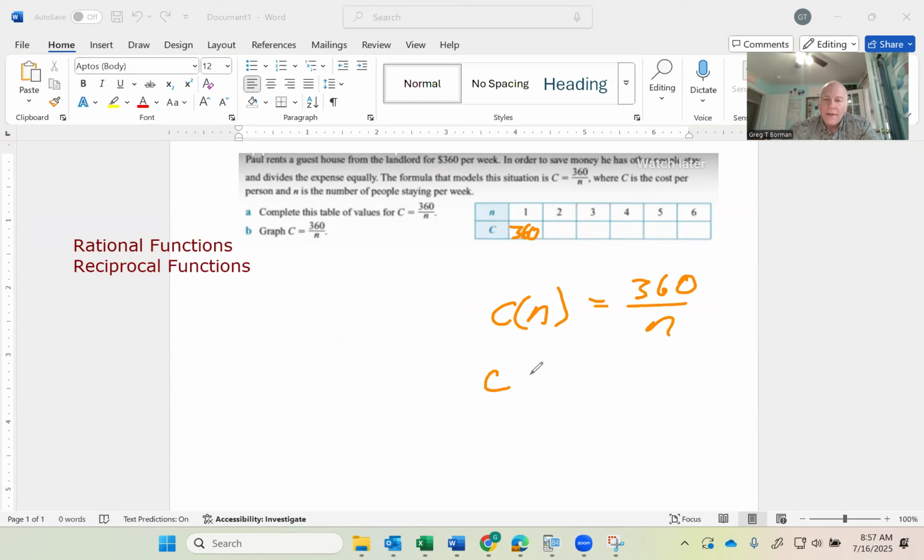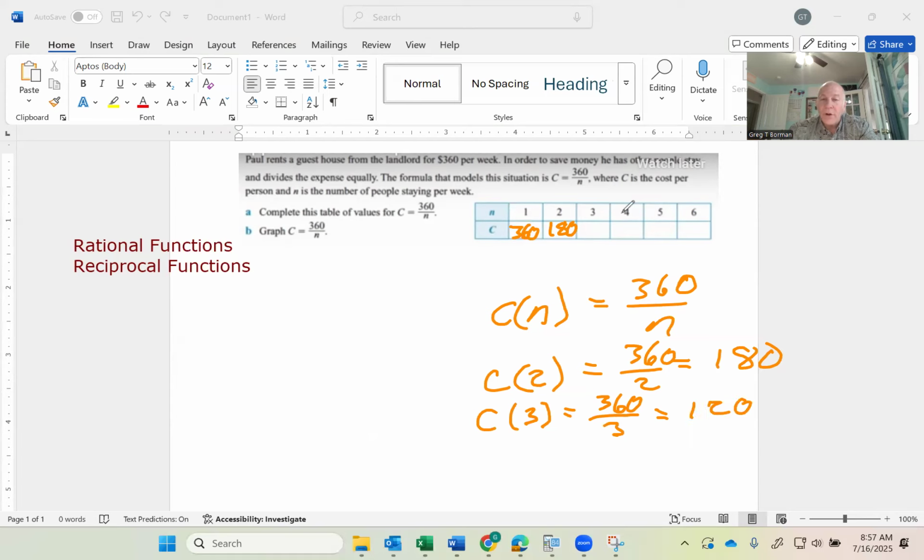So when n is 2, then 360 divided by 2 is $180 per person. And when the number of people staying there is 3, now it's $120 per person, and so on.